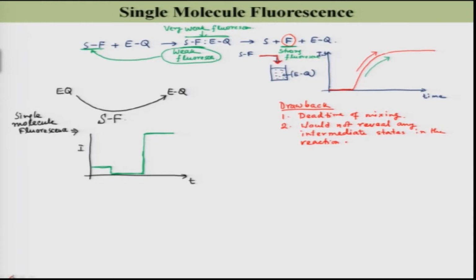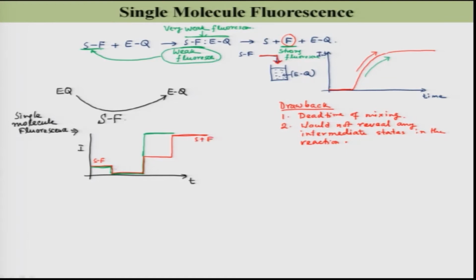Another important piece of information we are going to see is whether there is a formation of any intermediate state. Let us say the fluorescence intensity of this reaction is not like what I have shown in green, but it is like this one, and then it decreased, and then is like this, and then it increased and remained like this, and then again increased and became like this. So, clearly I can tell that here is my SF, here is my S plus F, that is for sure.